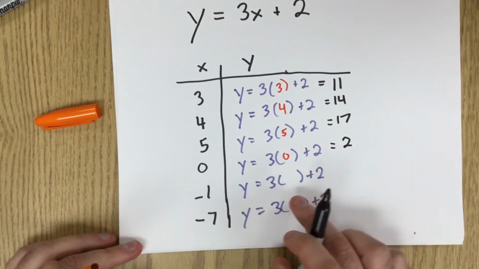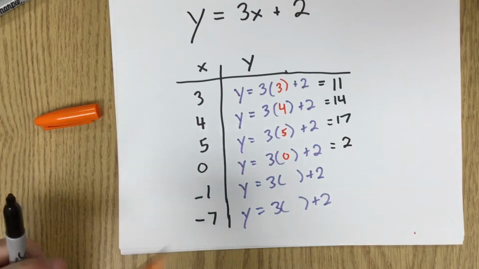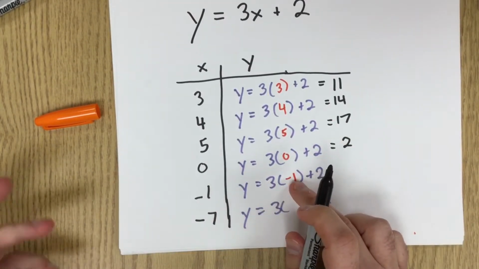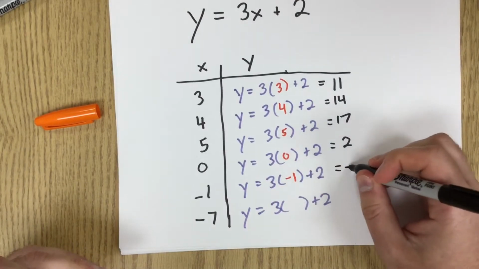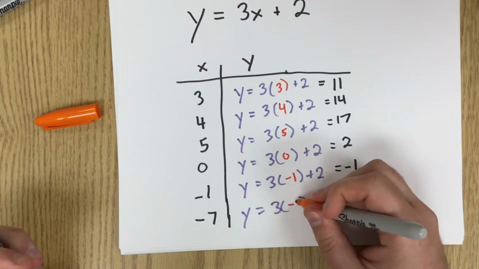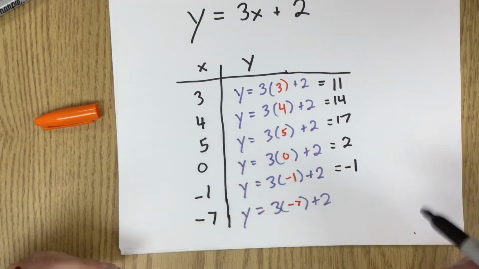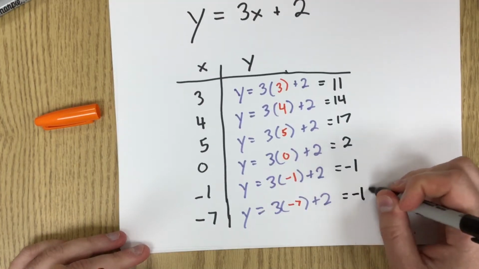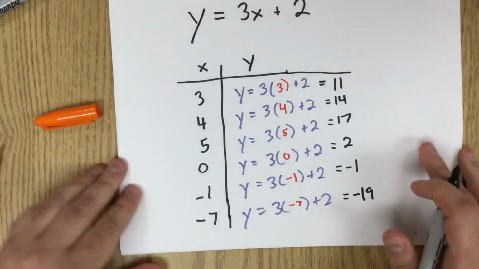Then we sub in the -1. 3 times -1 is -3. -3 plus 2, if you do it in a calculator, is -1. And if we sub -7 into this, 3 times -7 is -21, and -21 plus 2 is -19.